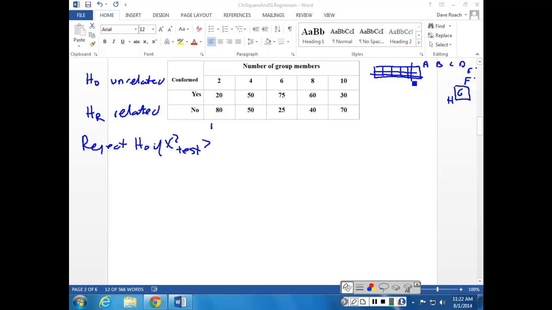So the degrees of freedom is equal to 4. And did it say an alpha on there? Yeah, alpha is 0.05. I gave you a chi-square table, and with 0.05 and 4 degrees of freedom, that's going to be 9.49.